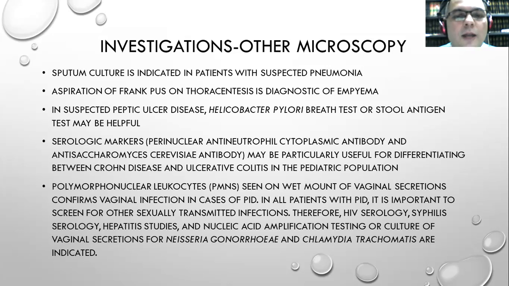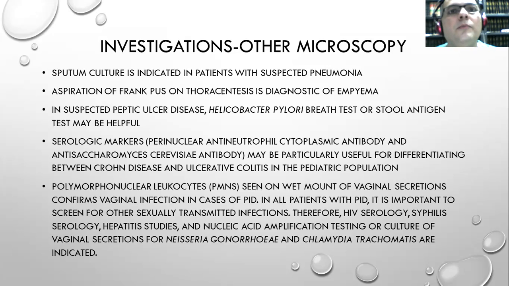So when you find that the adolescent has got PID, we should also examine for HBV, HIV and HCV without fail. And therefore HIV serology, syphilis serology, hepatitis study, and nucleic acid amplification testing or culture of vaginal secretion for Neisseria gonorrhoeae and Chlamydia trachomatis are indicated when you have a PID.